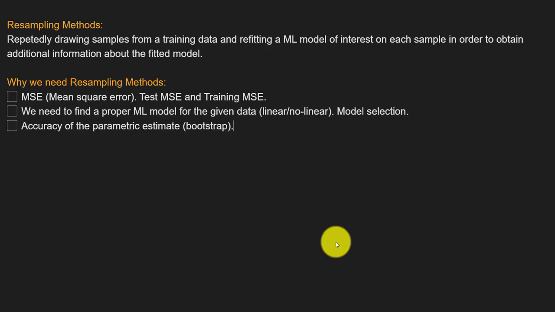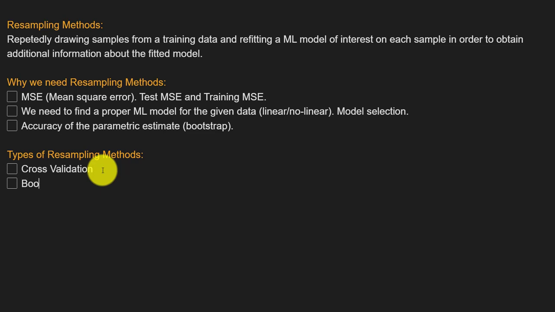Okay, let us now talk about different types of resampling methods. Let me change the color. There are basically two different types of resampling methods. One is, as I told, cross validation, and the second one is bootstrap.